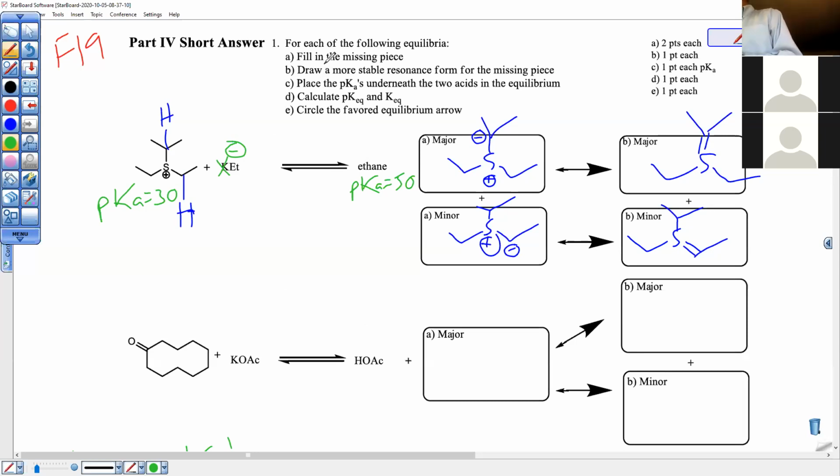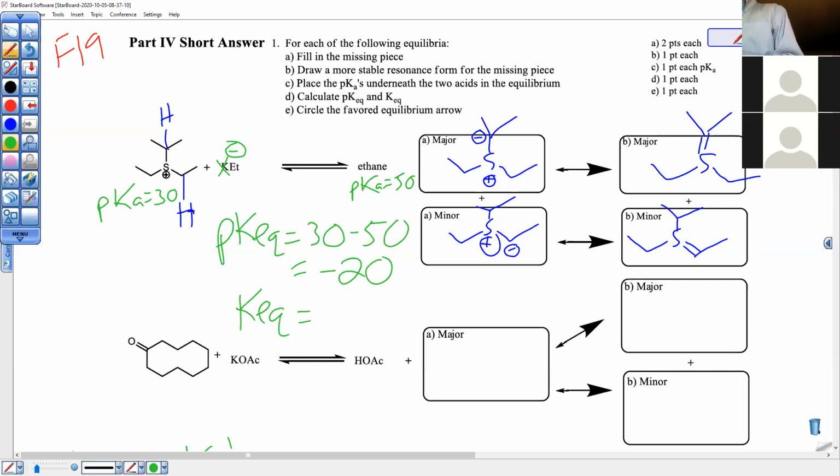pKa, fill in the missing piece, did it. Draw a more stable resonance form, did it. You don't have to show the arrows, and I won't make you show the arrows. Place pKa's onto the acids, did it. pKeq coming up. Left acid minus right acid, always. And I always make you calculate KEQ. 10 to the positive 20.